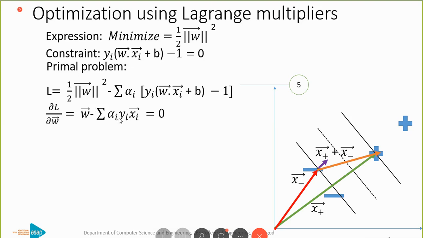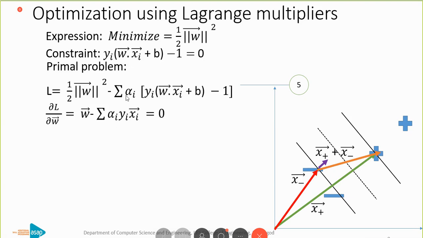Then you can apply the differentiation. Derivative of L with respect to W: you are taking W dot W, so it will be 1 dot W plus W dot 1, which in turn gives you 2W. So the 2 and this 2 will get cancelled, and in turn you will be getting a W over here.